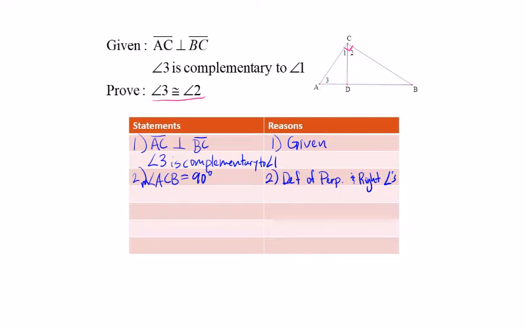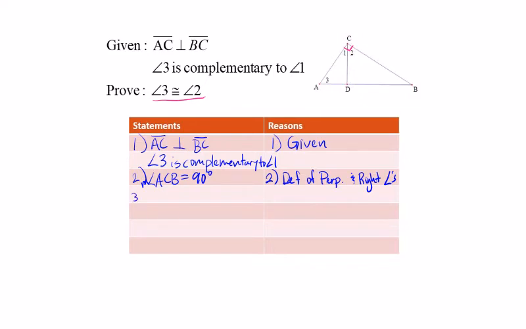Let's see, we know that angle 3 is complementary to angle 1, right? And we know that since this angle ACB is a right angle, angle 1 and angle 2 have to be complementary, right? Because they have to add up to 90 degrees.